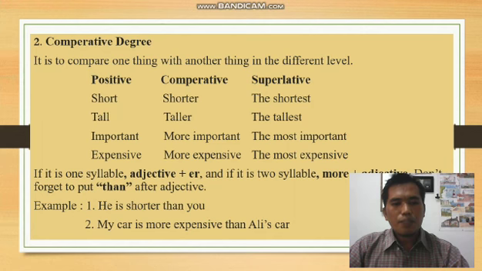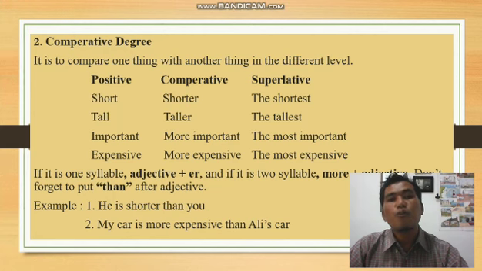Number two. My car is more expensive than Ali's car. Look at more. We put more since the adjective has more than two syllables. Expensive, three syllables. That's why we put more here. And don't forget to put than.